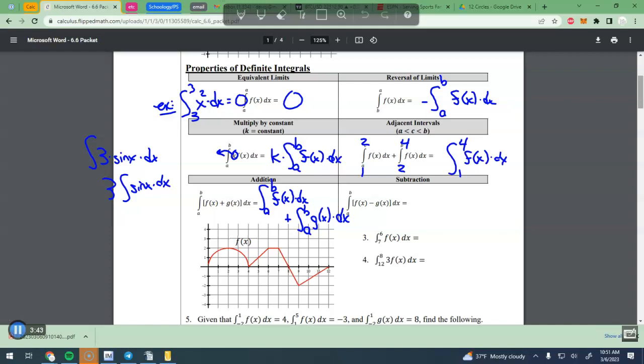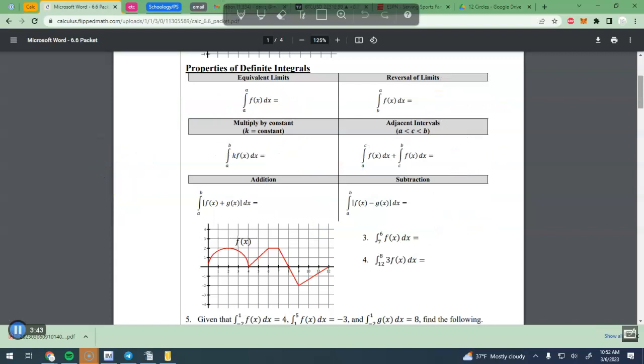When I do these problems, it will make much more sense than the rules here. For derivatives, if I said take the derivative of x squared plus 2x, we're allowed to take the derivative of this piece plus the derivative of this piece. It's just saying you can do it one term at a time. That's all that is. I'm not even going to write the subtraction one because you look more confused than I want you to be, and I would like to start doing problems to make the confusion go away.